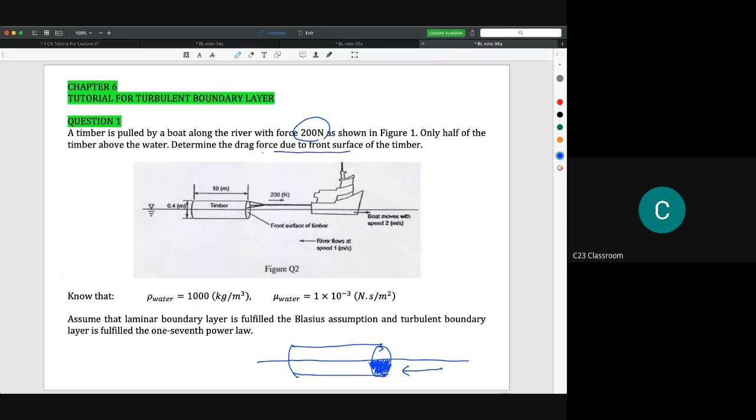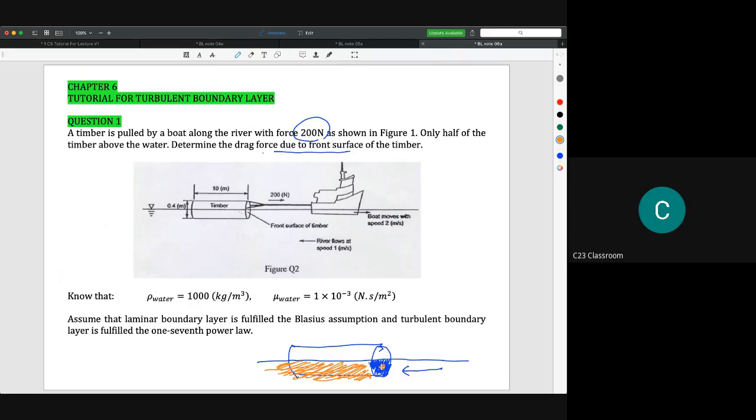And then the boundary layer occurs at the surface which is parallel to the flow motion. At this surface, the boundary layer will occur, and it will give us shear stress. So we have a boundary layer, so we could calculate drag force. The drag force comes from the boundary layer, and also from the front surface. Okay, that's the first thing.